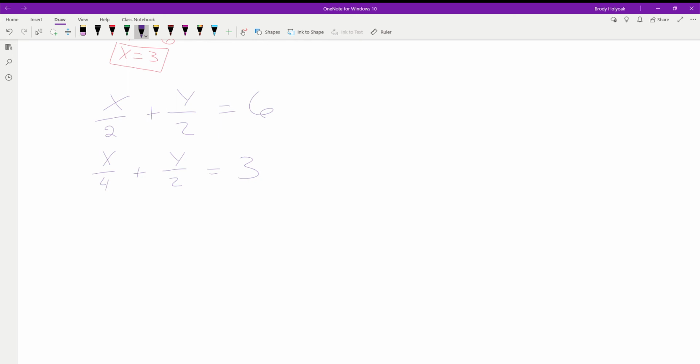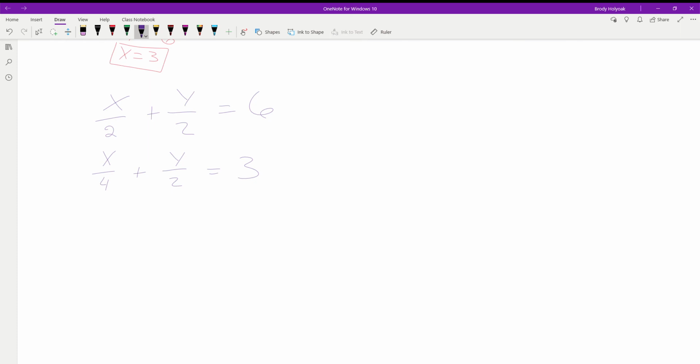So which variable do we want to get rid of? One thing we can look at is, do we have similar variables that we could get rid of so we don't have to change both equations?